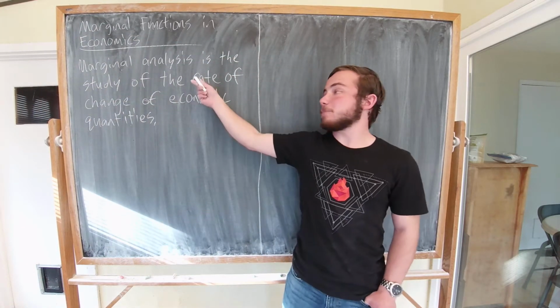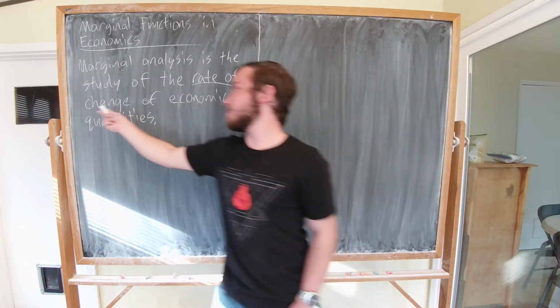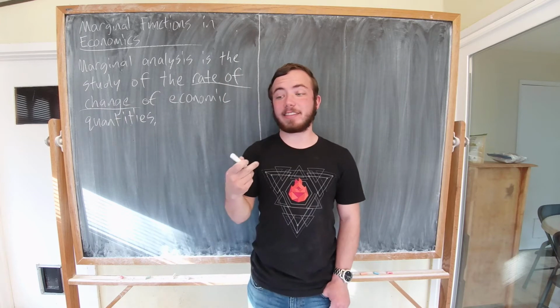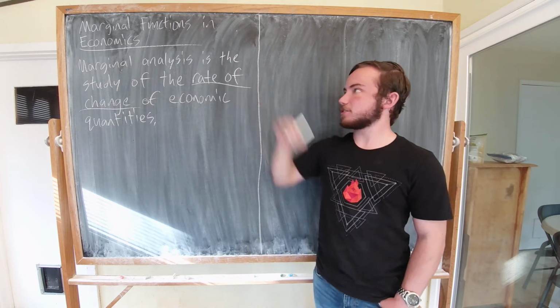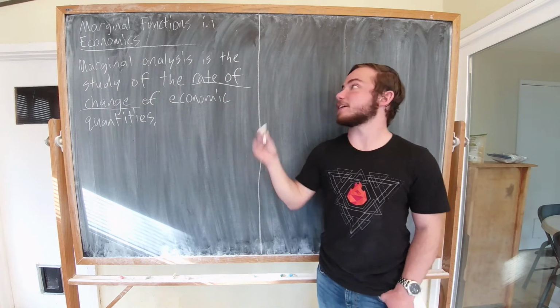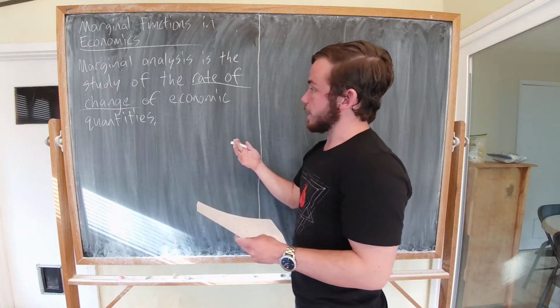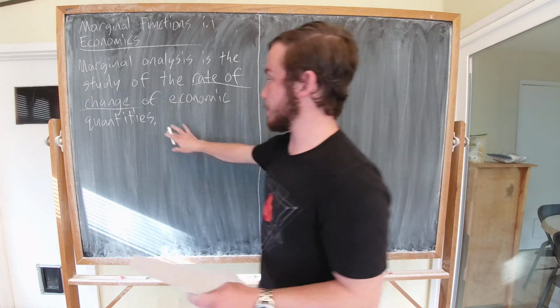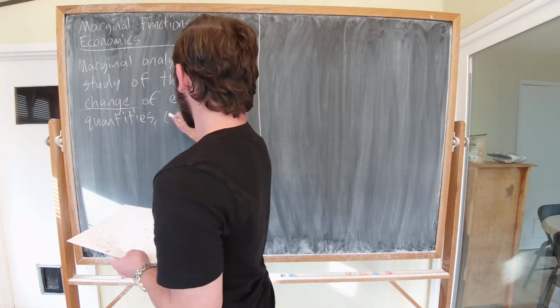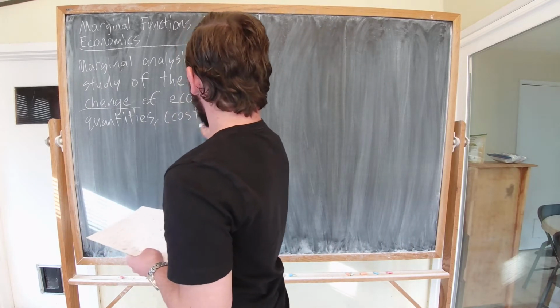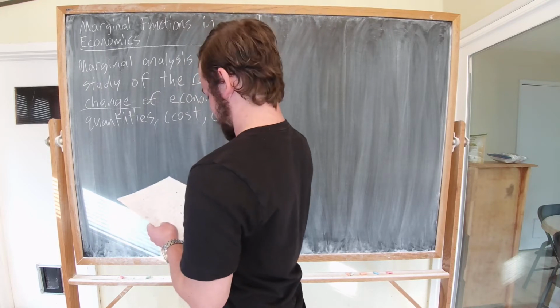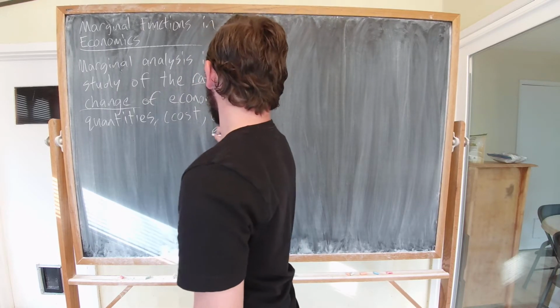Alright, and anytime you see rate of change, you should instantly think derivative. So, derivatives are going to find their place in marginal analysis. So, what kind of economic quantities are we talking about? We're talking about things like cost, GDP, and more.